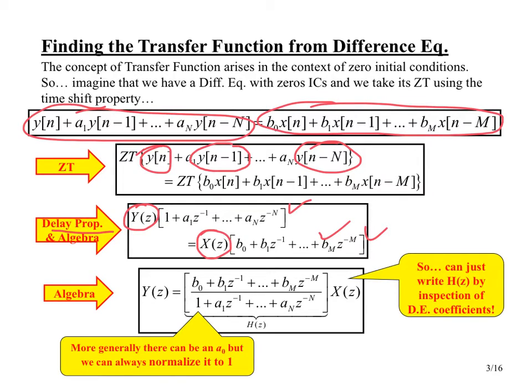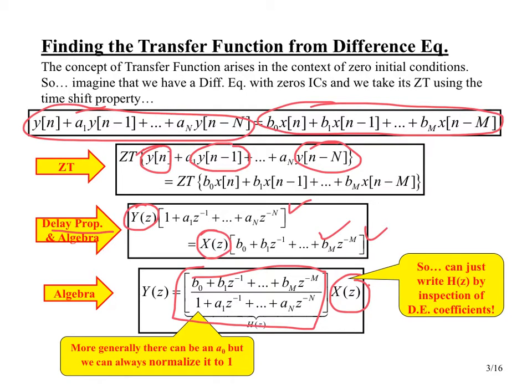Interpreting this, Y of z, the output, must be equal to the input z transform times something, and that something will be H of z. We've already established that the output z transform must be the transfer function times X of z. So if I can find what sits in front of X of z, that will be the transfer function. So there it is.